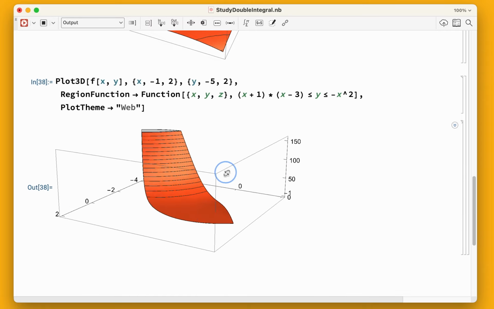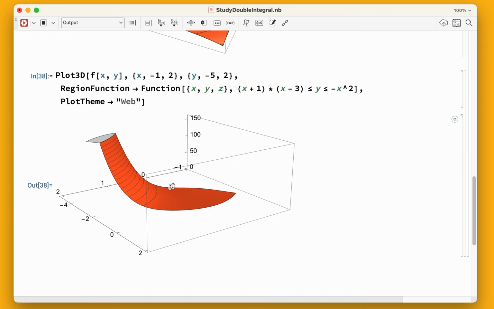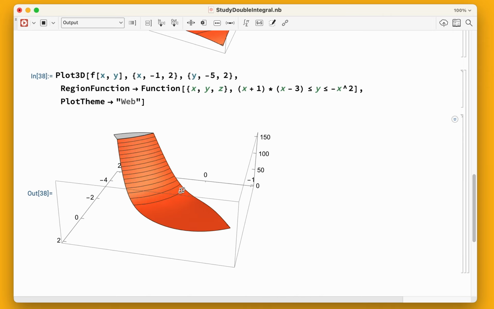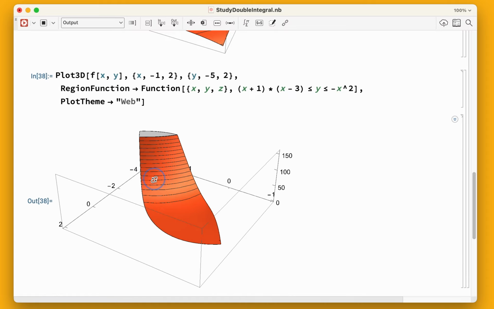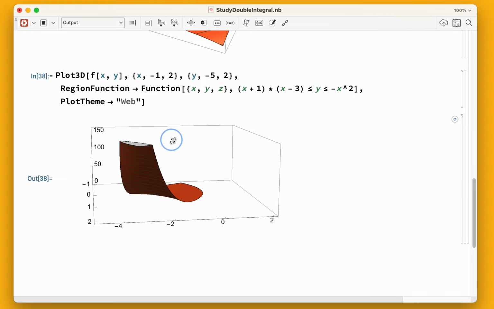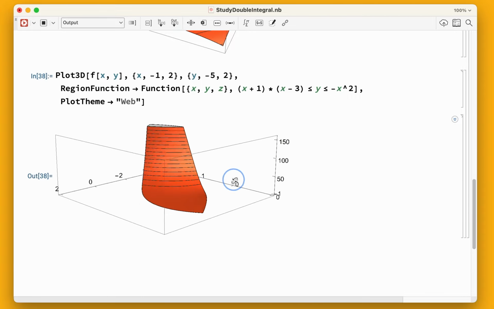If we think of this as part of a mountain or hill or some terrain, then the x-axis and y-axis are representing length and width, and the z-axis is representing our height, right?